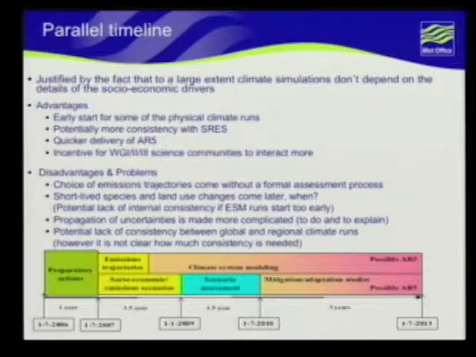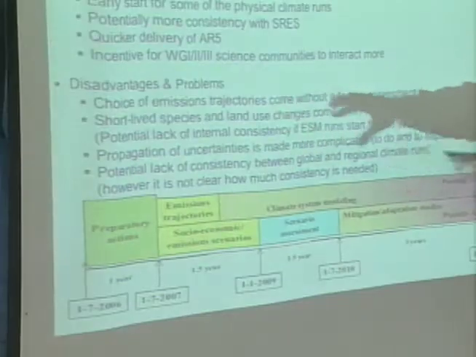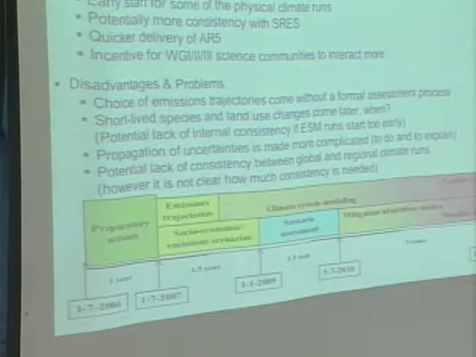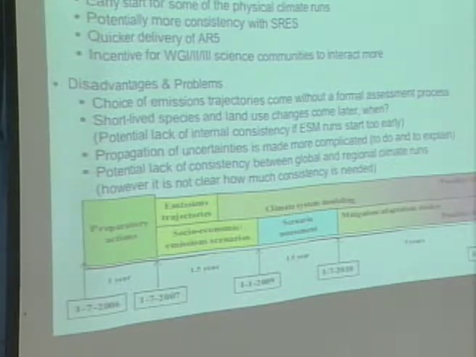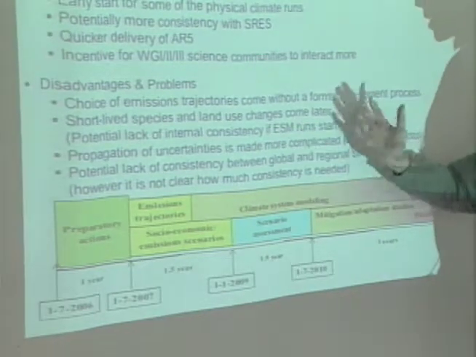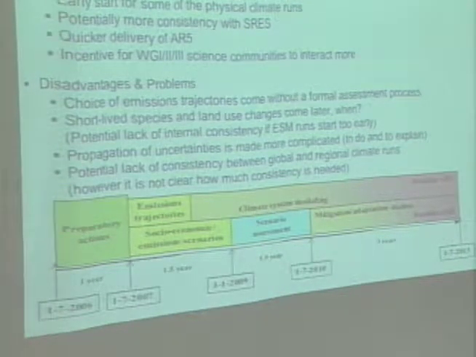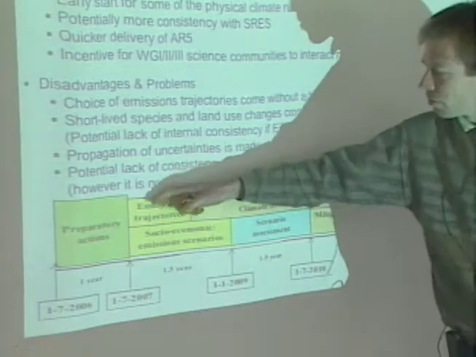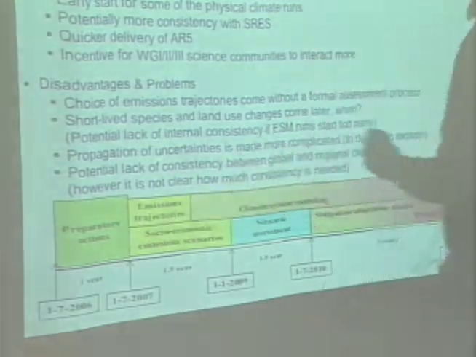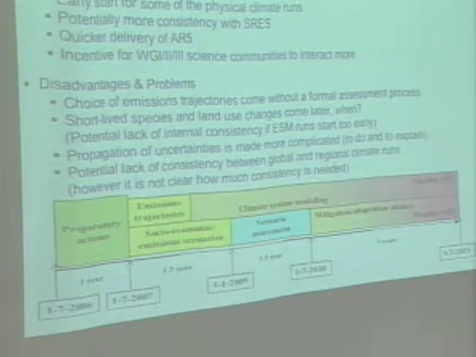The disadvantages were, well, we've got to make sure that the choice of the emission trajectories or the concentration trajectories comes with a formal assessment process, and that was one of the concerns of Susan, for instance. It's still not clear to me how the short-lived species and the land use changes will be made consistent with the CO2 trajectory in the benchmark scenarios.